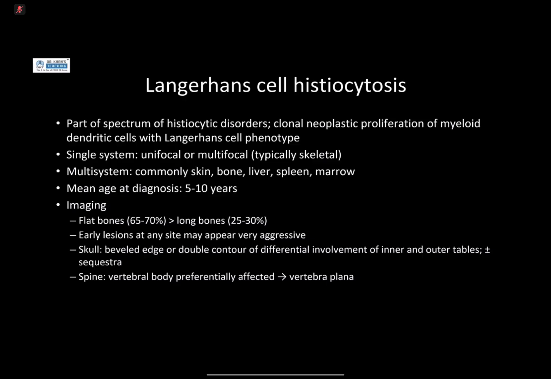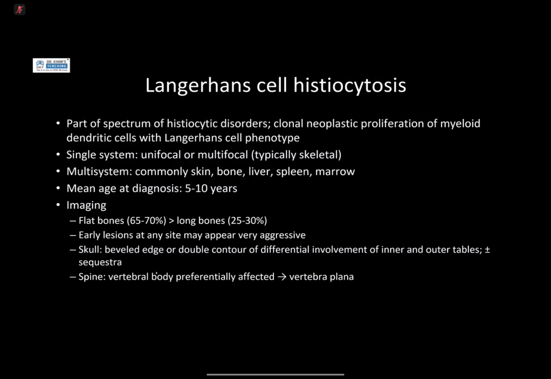These can present with either a single lesion or multiple lesions, and the CT is a really nice example, particularly with that 3D recon of seeing that skull lesion with that beveled edge. Most commonly in exams, you tend to be shown a child with a spinal film or imaging with a vertebra plana, very commonly.